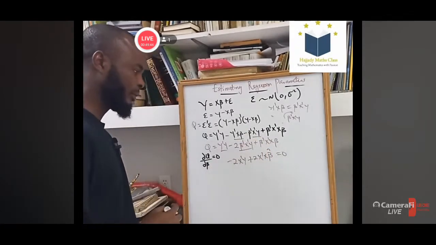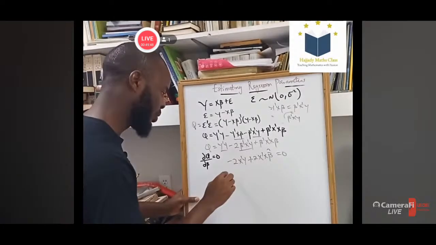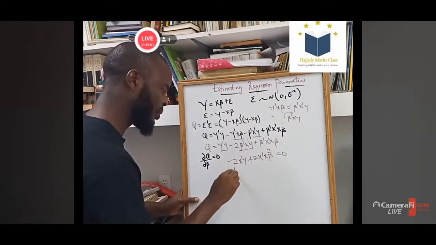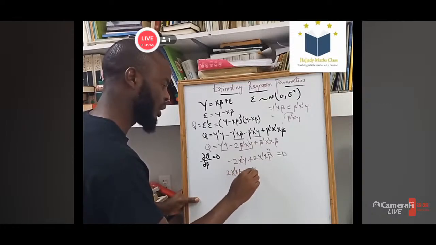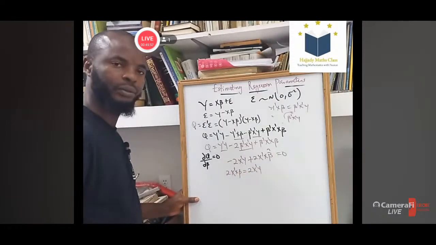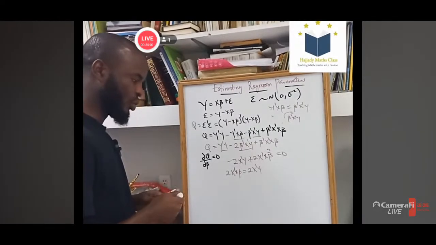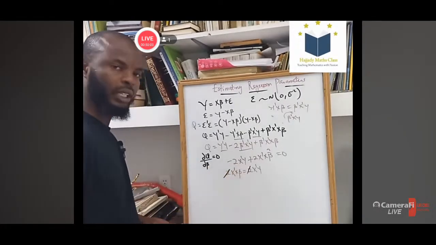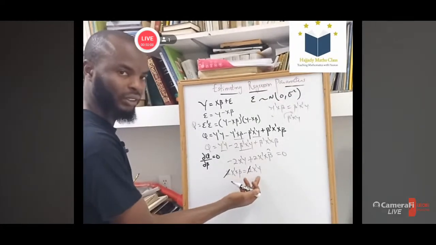With this, we can have 2x prime x beta equals 2x prime y. Dividing both sides by 2. Don't forget, this is a matrix multiplication.